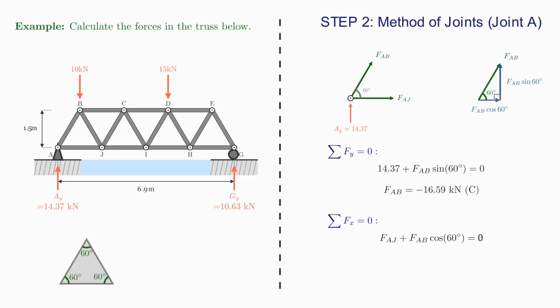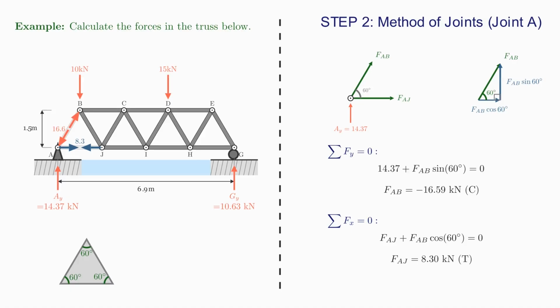Rearranging by bringing the FAB cos 60 over to the other side, and using FAB is 16.59, we get that FAJ is 8.3 kilonewtons, and since the sign is positive, it means that this is under tension. So I'm going to add these onto my diagram.